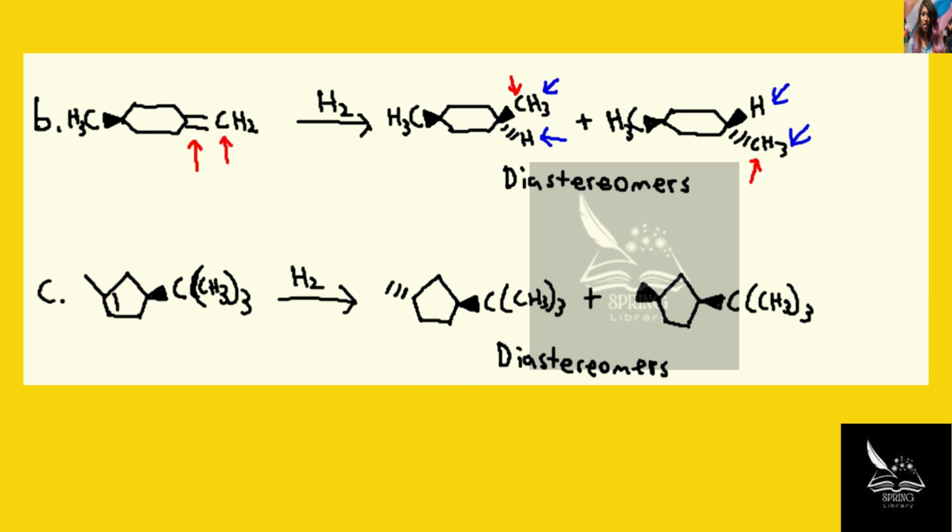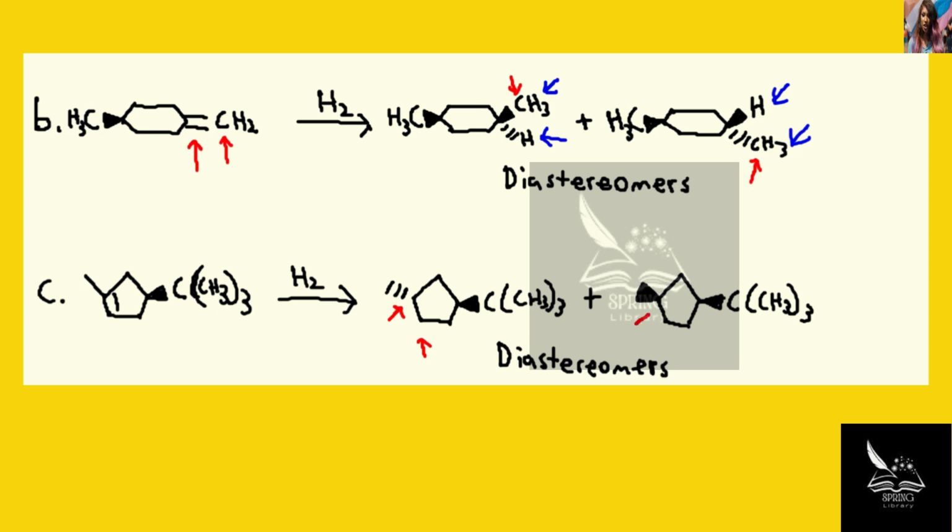And then for C, again, we'll do the same thing. So the double bond is over here. And the 2 carbons that are affected by the hydrogenation are this carbon and this carbon.